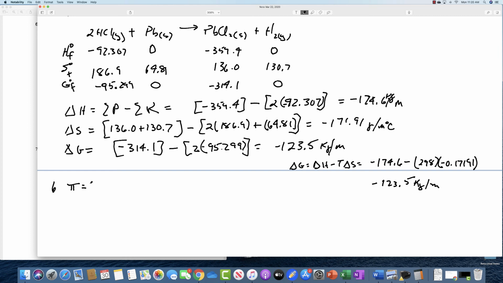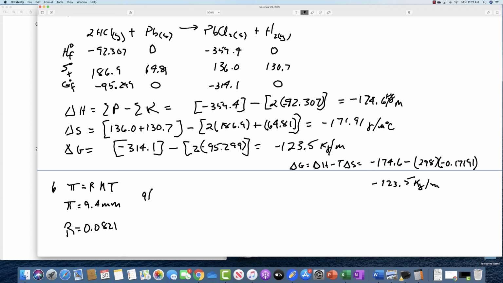The osmotic pressure is equal to the gas constant times the molarity times the temperature in Kelvin. And so we know that the osmotic pressure is 9.4 millimeters. Now, because we're going to use an R, which is 0.0821, the pressure has to be changed to atmospheres.